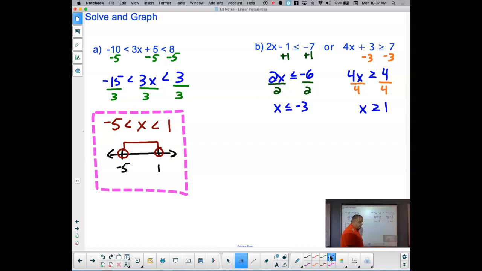Then I bring them back in the same line. X is less than or equal to -3, or x is greater than or equal to 1 as my final statement. And then I put that on a number line.